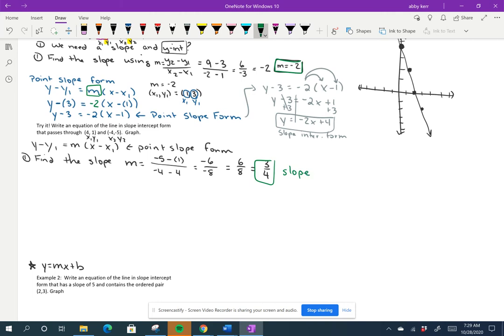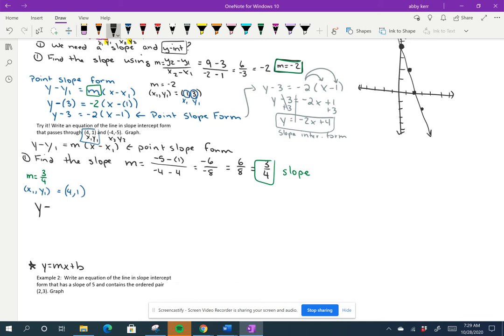Now we already have an ordered pair labeled x1, y1. So now we have our slope, which is 3 over 4, and we have our ordered pair, which is x1, y1. So now we're just going to plug in and then simplify.